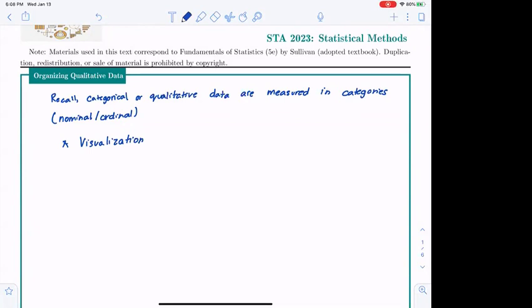But before visualization, there is this intermediate step called grouping, which involves the creation of a frequency distribution.